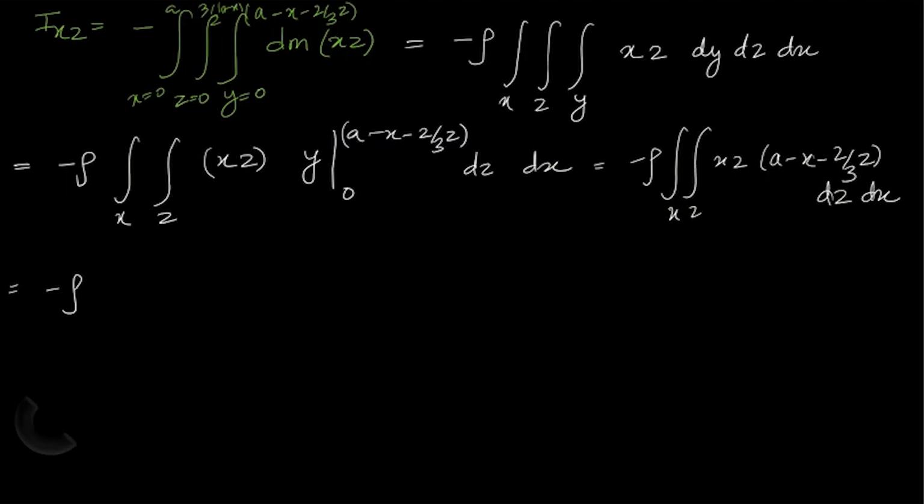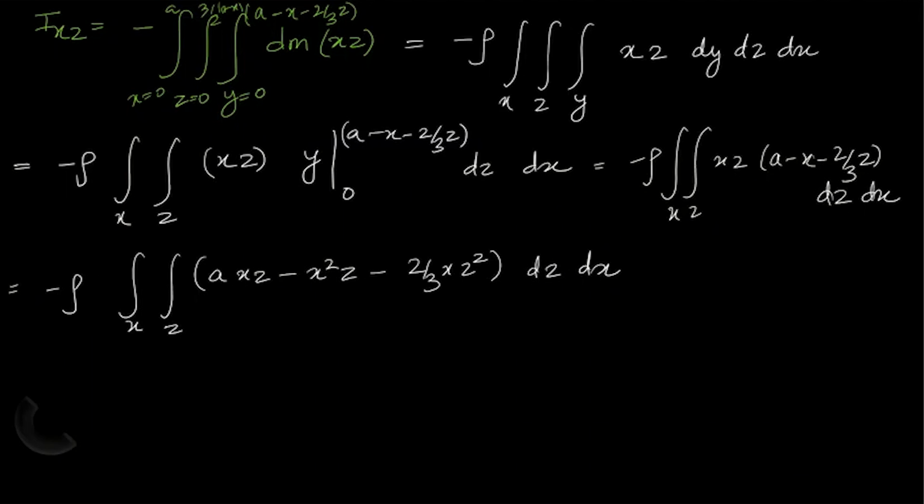So let's multiply this. So we get ax minus x square z minus 2 over 3 x z square, and then dz dx. So let's now integrate with respect to z.